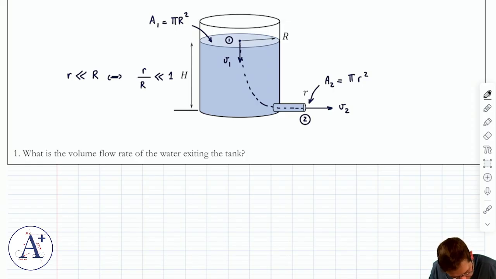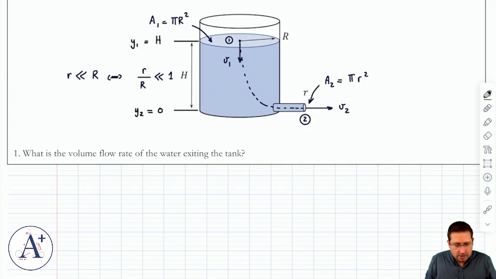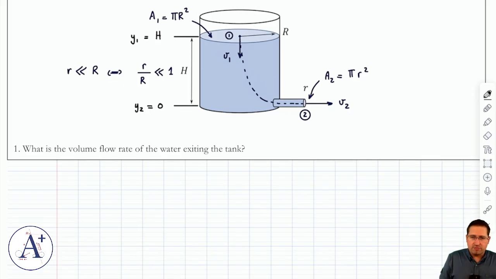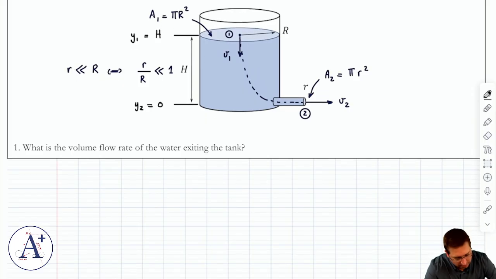Okay, so here, just to be clear, y2 we're going to make 0, and y1 we're going to make h, just so that we have everything in front of us that we need to write continuity and Bernoulli's equation.